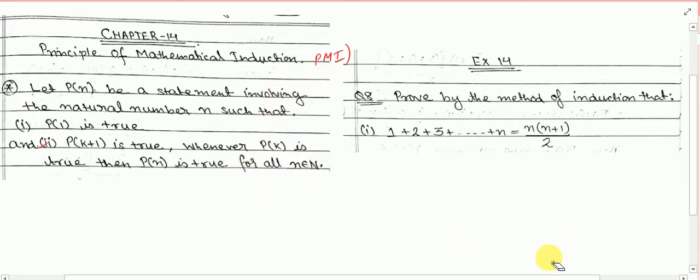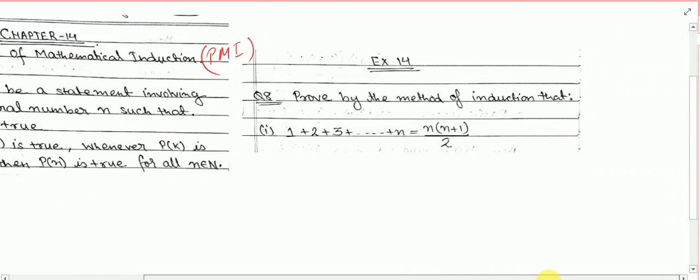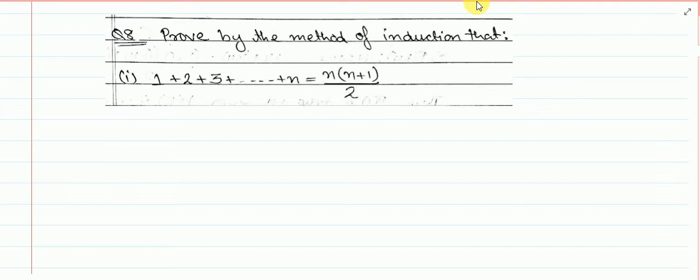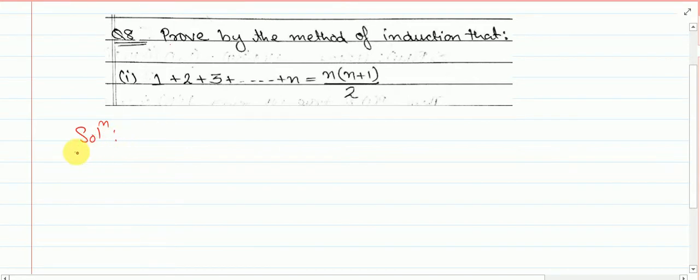So let us do this question 8.1, on the principle of mathematical induction, in short PMI. Solution.